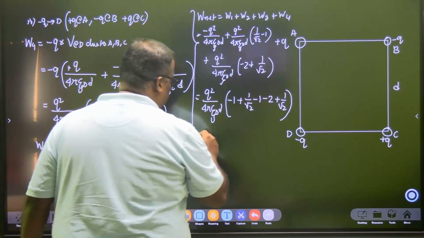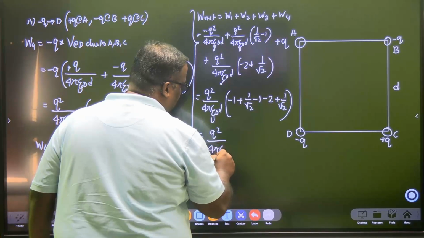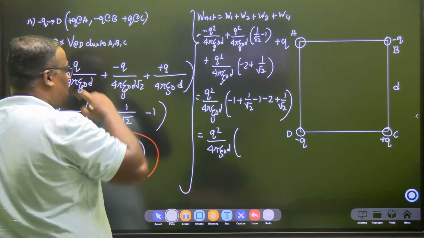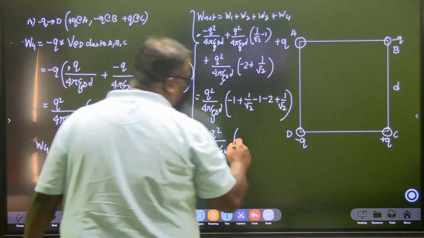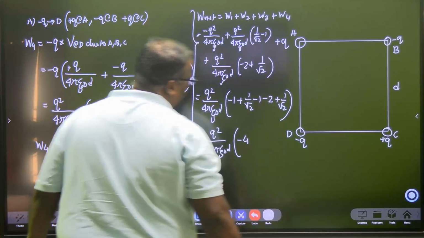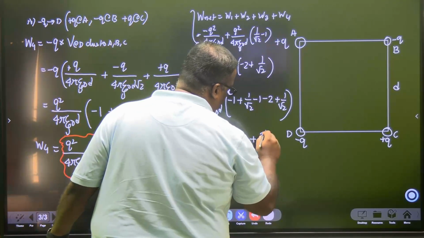So finally the answer comes q square by 4 pi epsilon naught d. Negative 1 is negative 2. Negative 2 is negative 4. And this will become 2 by root 2 plus 2 by root 2.